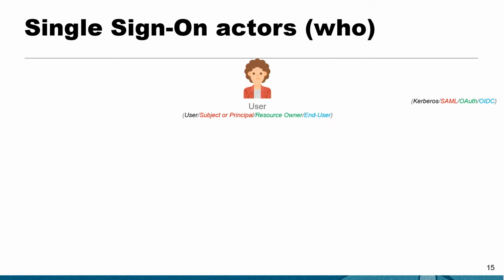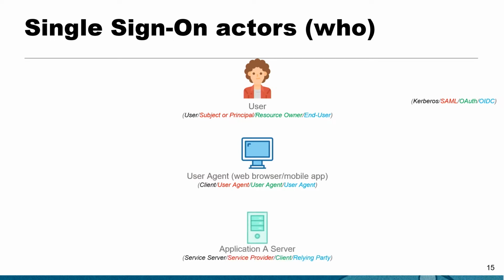So even though those standards have slightly different terminologies and a little bit different applications and options sometimes, you can draw a very common general picture where you have the same kind of actors. And I put here in different colors this terminology that can vary between some of these standards. But essentially, you always have a user, me, trying to go through a web browser or a mobile app to some kind of application, right?